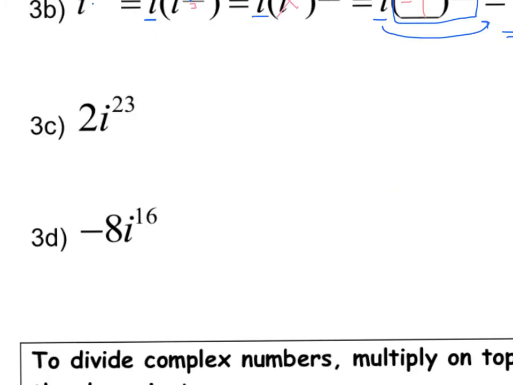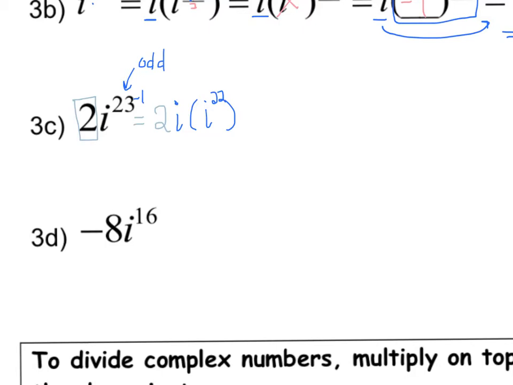Now what we've done is we have just put a number out in front. So this big 2 that's out front, we're just going to keep on writing it and multiply it by our final answer at the end. So there's that 2, and now we're going to deal with this i to the 23. Since that is an odd number, we need to pull an i out front and then rewrite the rest of it as 23 minus 1, which is i to the 22nd.